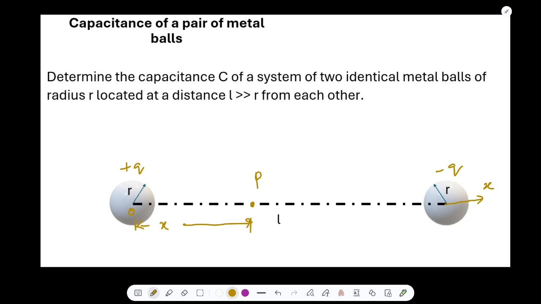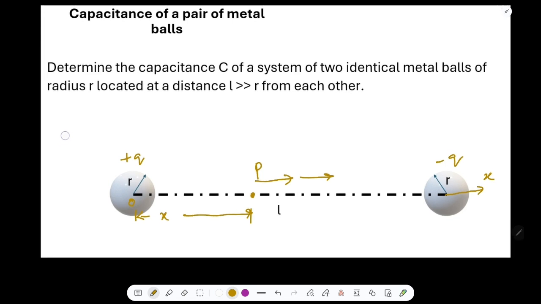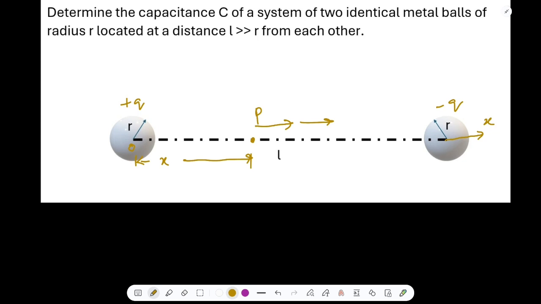We can use the superposition principle. The left ball produces an electric field in this direction and the right ball also in this direction, but the magnitude of the electric field will be different because the distances are different.